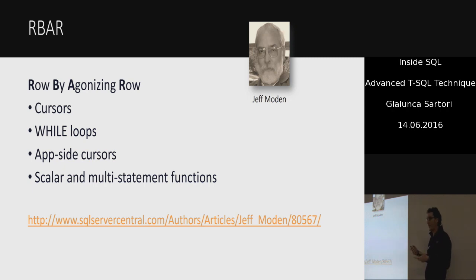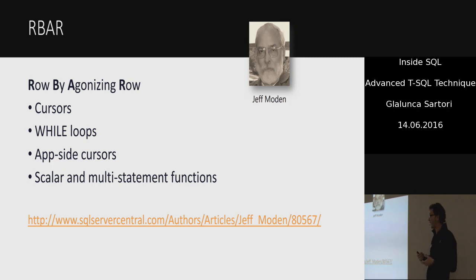So we have while loops or application-side cursors. If you are doing things one row at a time from your C# code or from your PowerShell code, it doesn't make it less evil. And also we have some hidden forms of RBAR, such as scalar and multi-statement functions that do things one row at a time, or some rows at a time in the case of multi-statement functions.